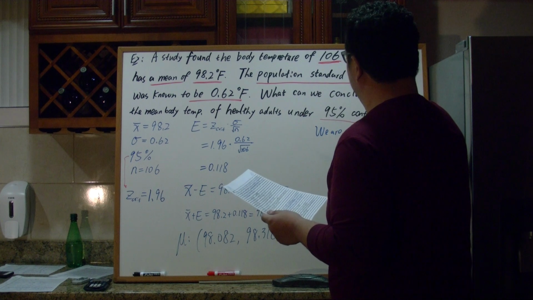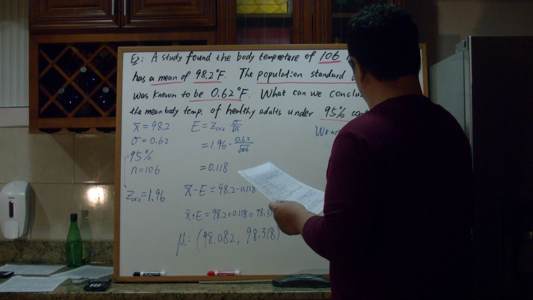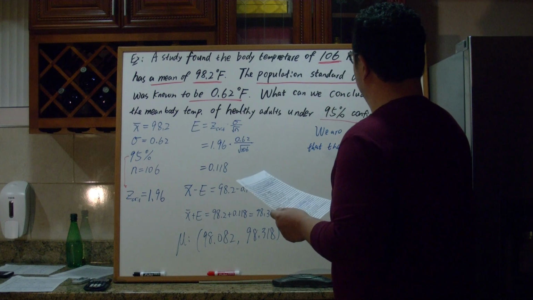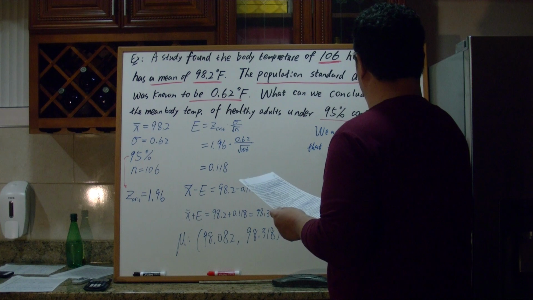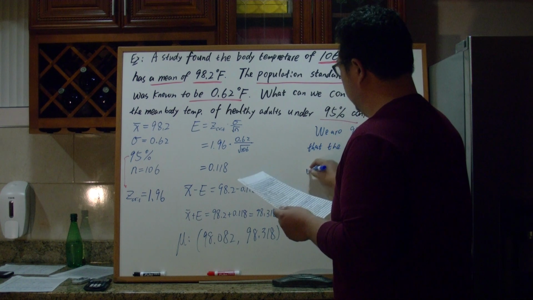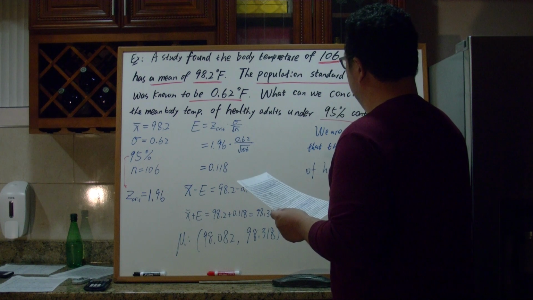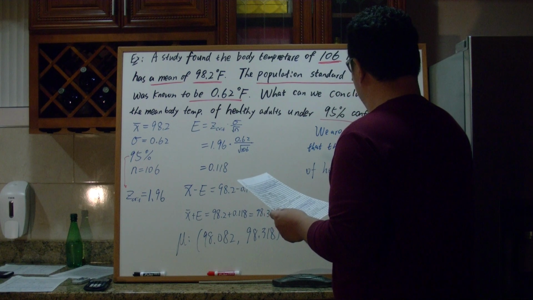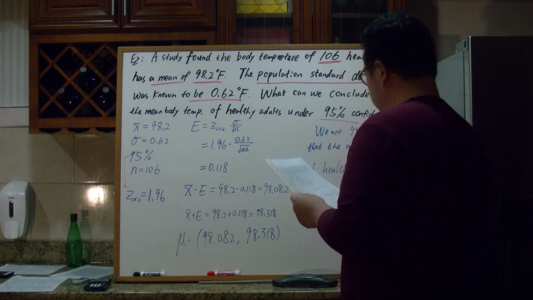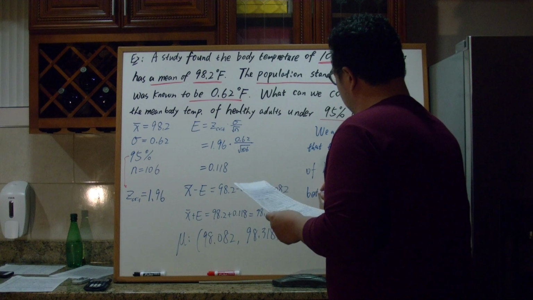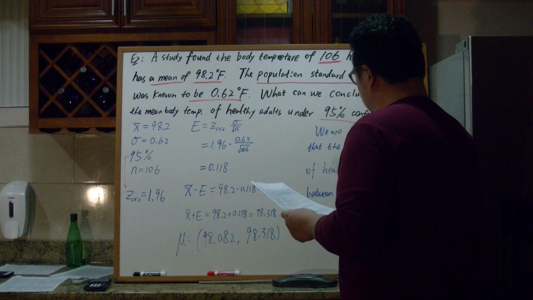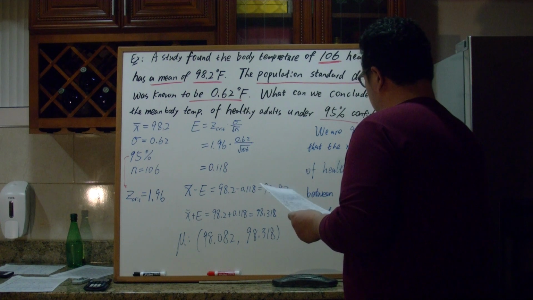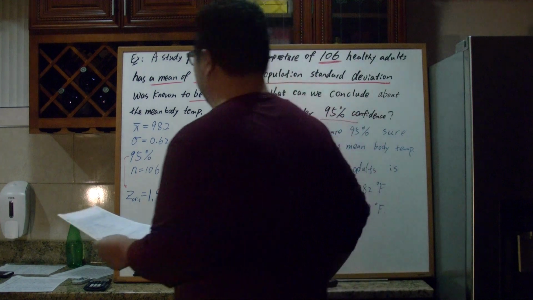Right, that means we're 95% sure that the object we're asking about, the mean body temperature of healthy adults, is between these two values.